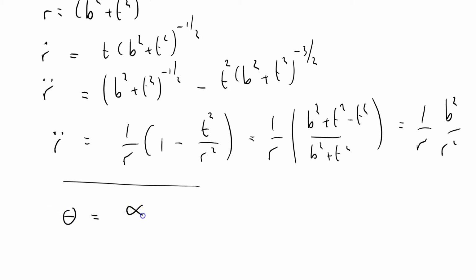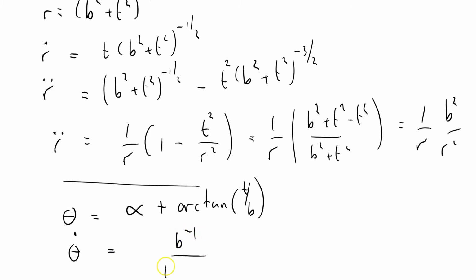Theta equals an arbitrary offset alpha plus arctan of t over b. So that says that theta dot equals b to the minus 1 over 1 plus t squared over b squared, which equals b over b squared plus t squared, which equals b over r squared.